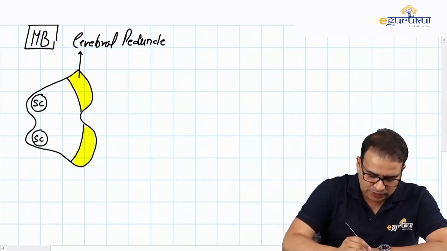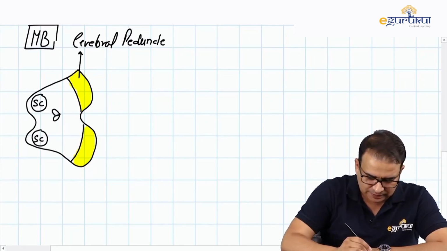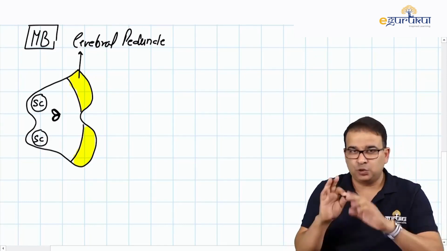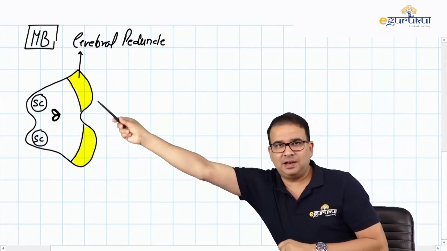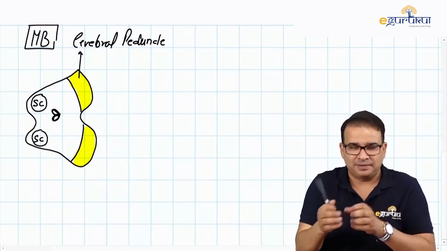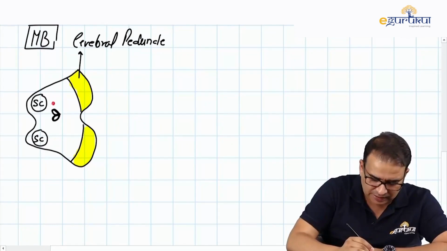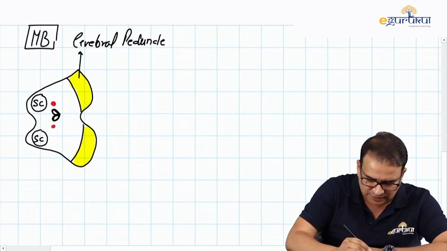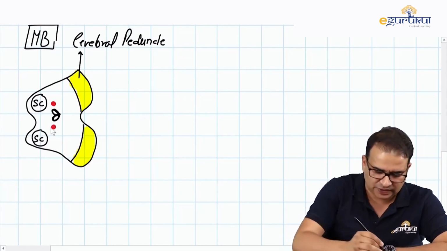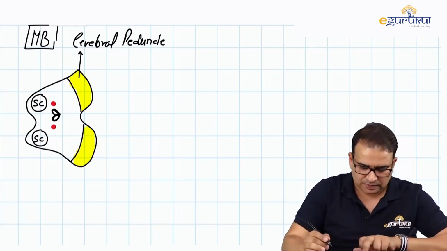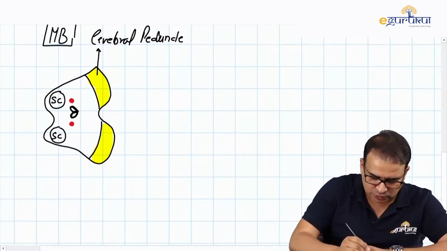Let's say we have a third nucleus here. This is the third nucleus of the right side and there's a third nucleus of the left side. The speciality of the third nucleus is that both side nuclei are fused in the midline. And we have the Edinger-Westphal nucleus. Let's say I put it at some distance here, just for reference.